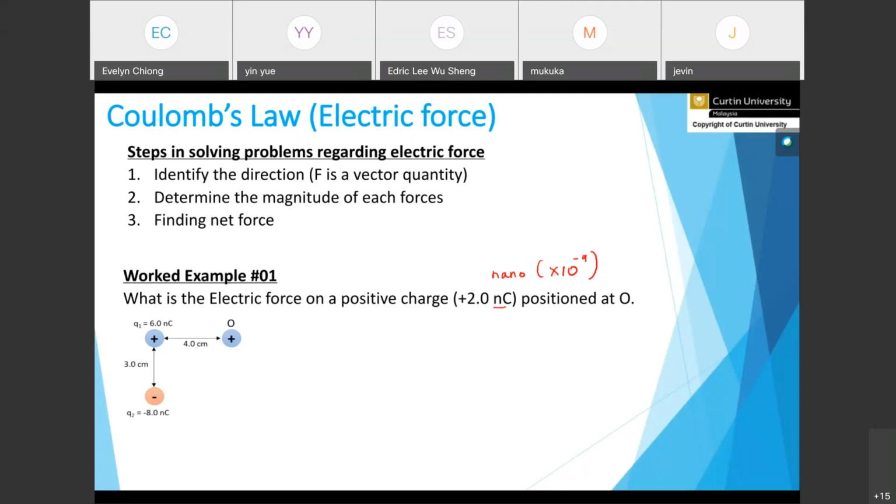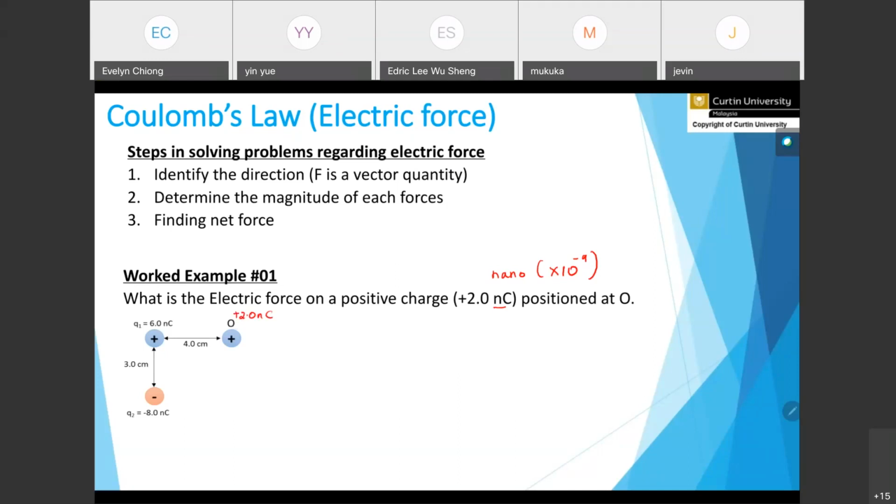Okay, so Q1 is a positive charge, Q2 is a negative charge, but the charge at position O is a positive charge. So you see here, positive and positive, then will they attract or repel? You have same charges here. The positive charge here is positive 2 nanocoulomb. So positive and positive, this positive charge due to Q1 will be a repulsive force.